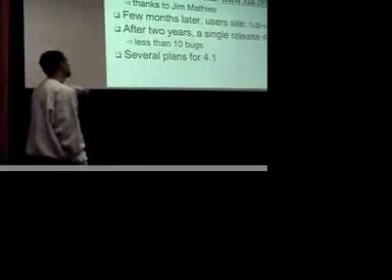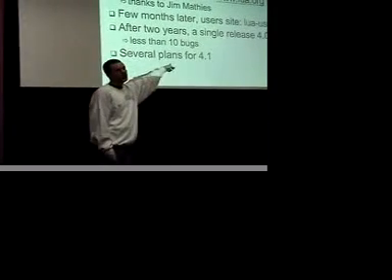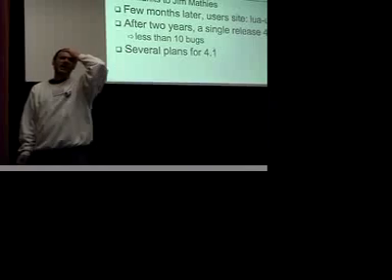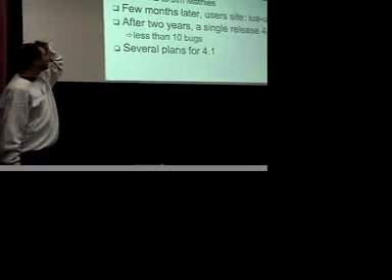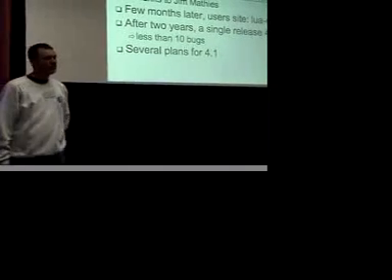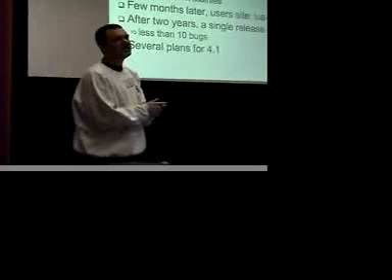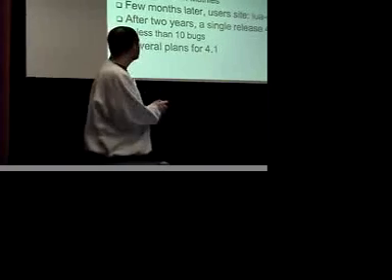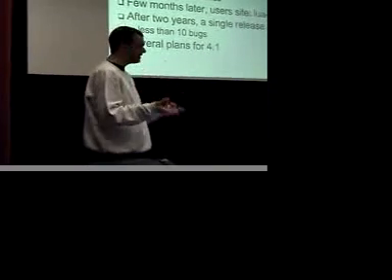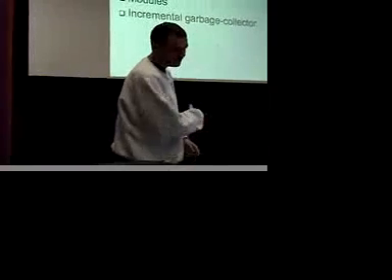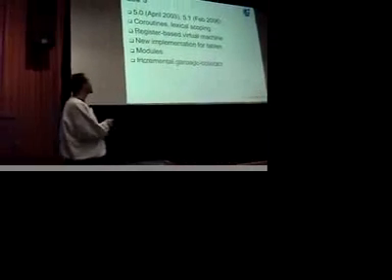We already started several plans for 4.1. We released the 4.1 alpha. I don't remember when, but there was a lot of discussion about 4.1, but actually it never finished because there were so many changes accumulating that in the end we went straight to Lua 5.